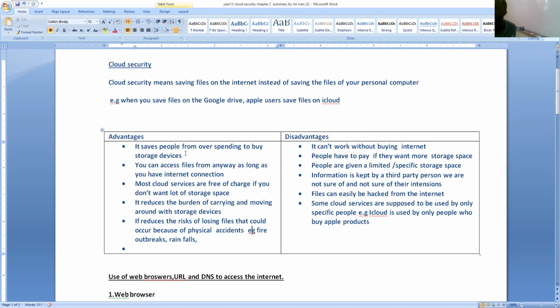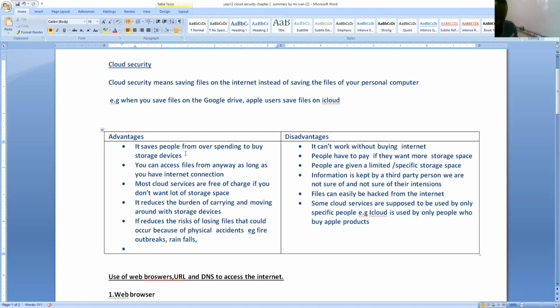So people don't have to buy storage devices. People can avoid buying storage devices and keep their files on the cloud. This is what it means.